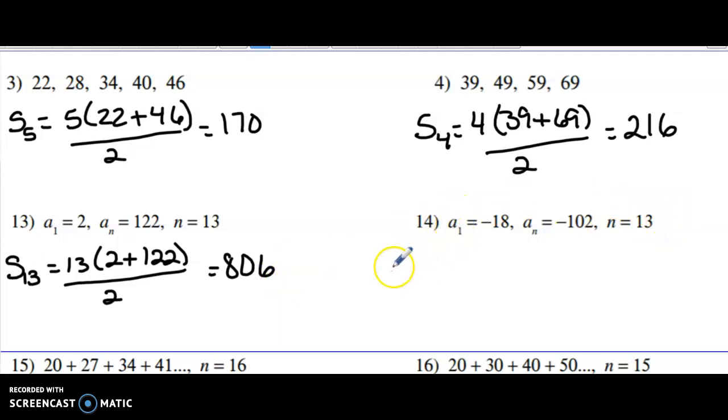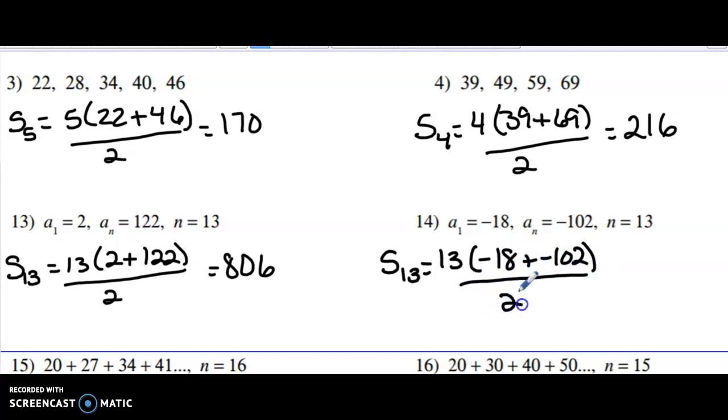Here, given the same bit of information, my n is still 13, is equal to 13 times negative 18 plus negative 102 all over 2. Both of them are negative, so you actually add them. So that's going to give me negative 780.